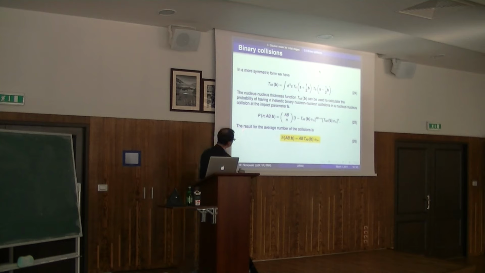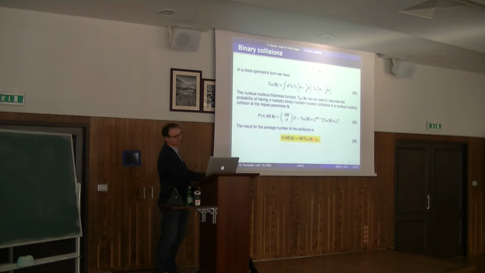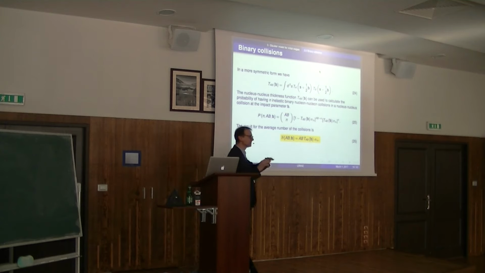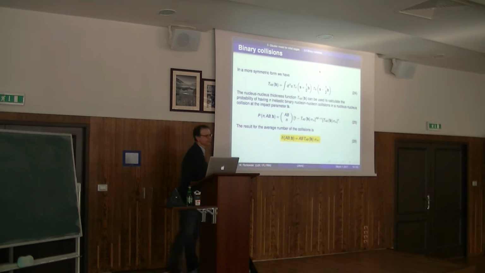We can calculate the average number of such binary collisions, and this is just the product AB times the thickness function times the cross-section. So if the nucleus collision is an independent collision of nucleons, then this is the average number of such collisions.